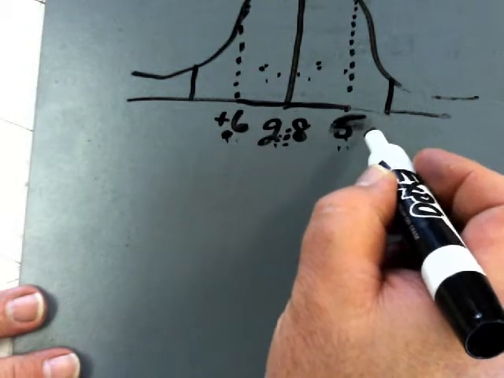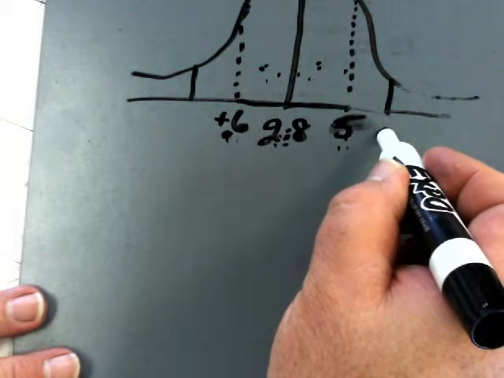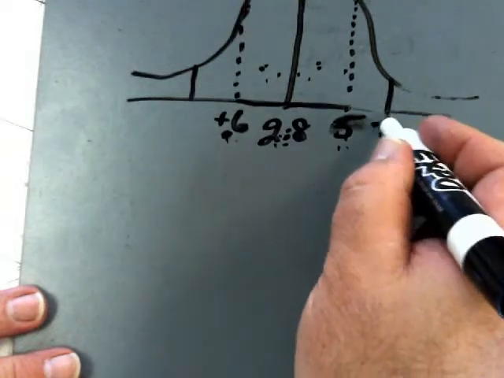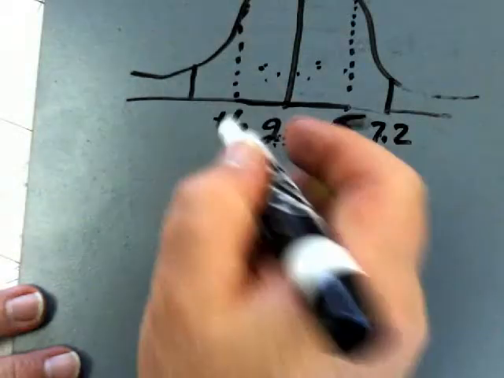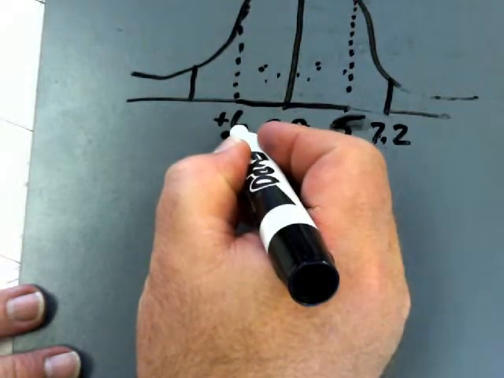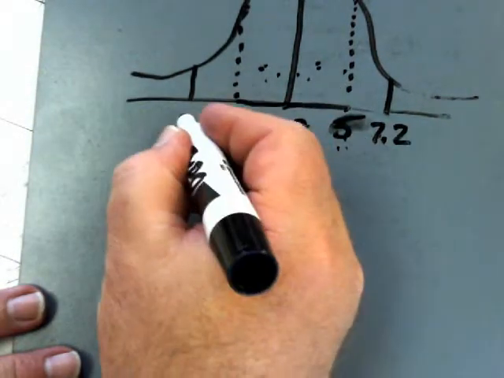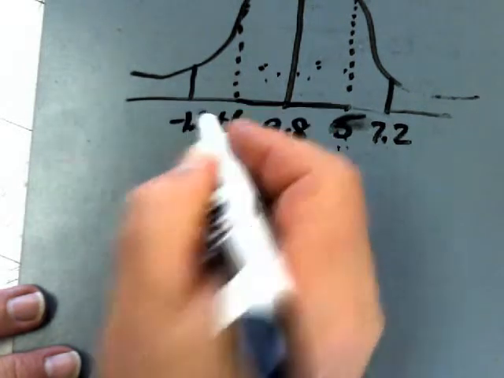And wouldn't I have to add 2.2 to get to the next one? Which would be 7.2. And over here I'd subtract 2.2, which I believe would be about a negative 1.6.